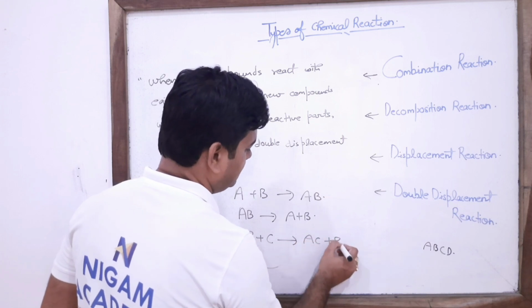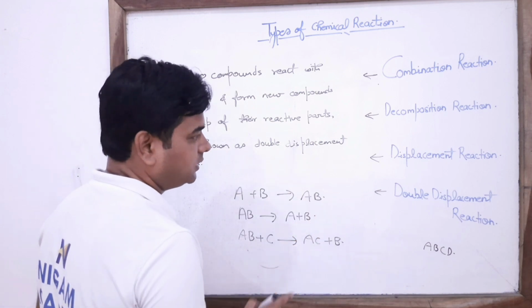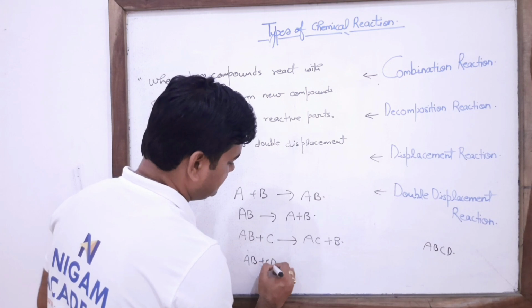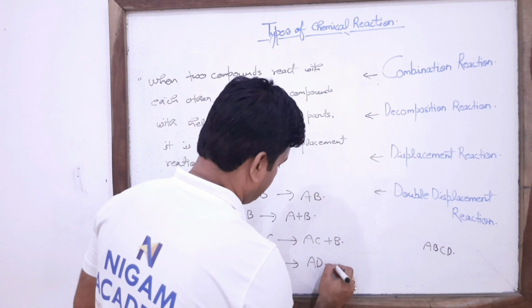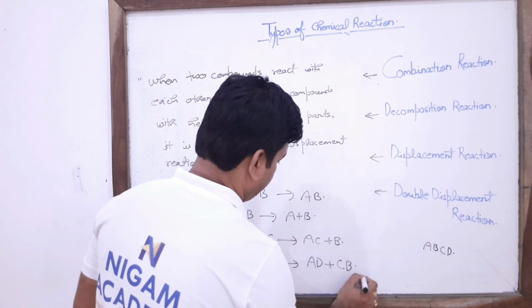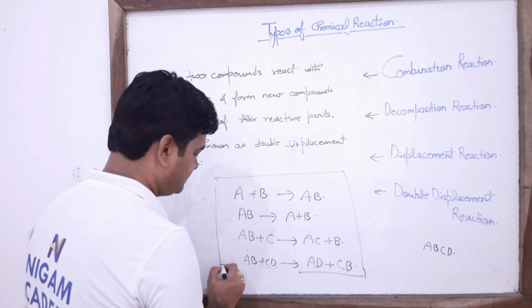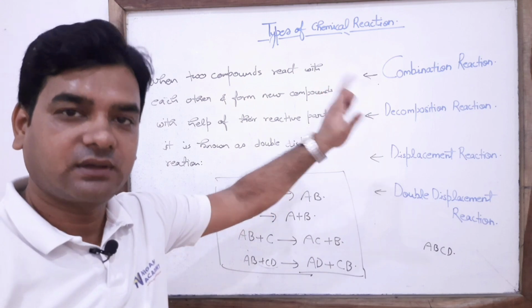AC and B. In case of double displacement reaction, the displacement process will happen twice, and compound AB and CD is reacting, and they are forming compound AD and CB. So I hope this formula is enough to remember all these kinds of chemical reaction for lifetime.